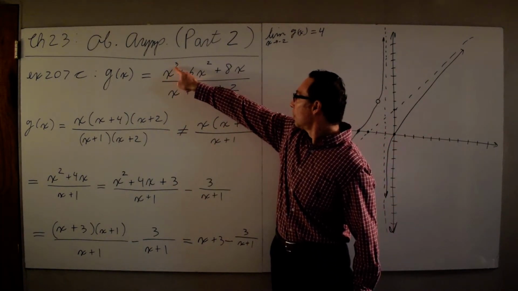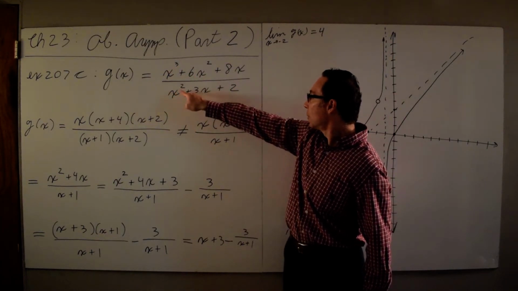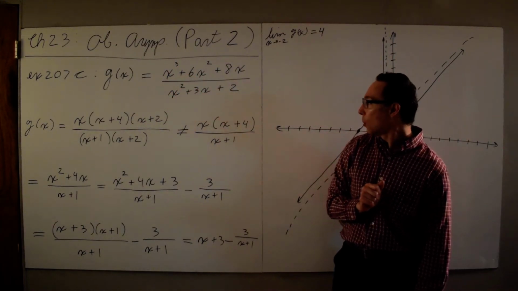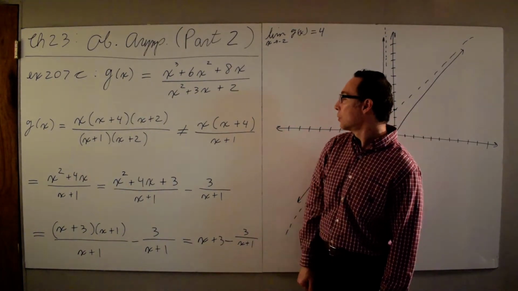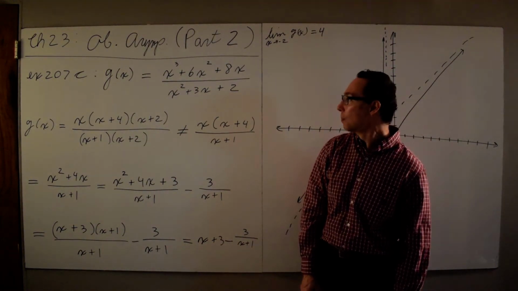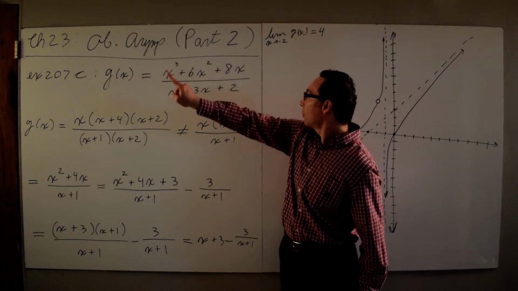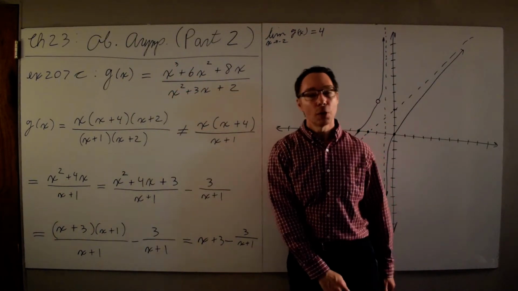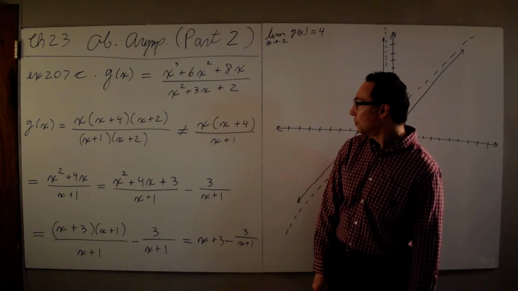If the degree of the numerator is strictly less than the degree of the denominator, then the horizontal line y equals 0 is a horizontal asymptote. But here, the numerator's degree is exactly one more than the denominator's, so we have an oblique asymptote.